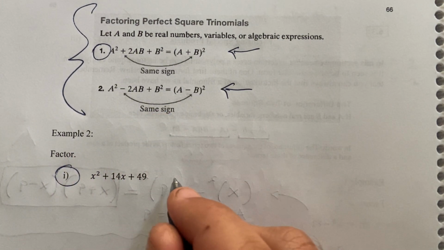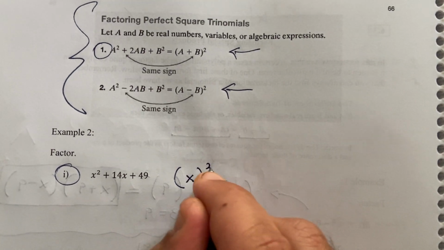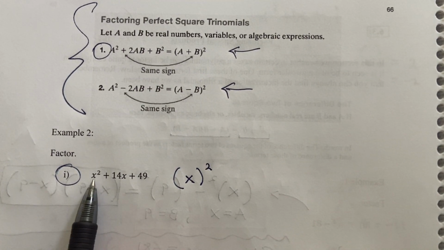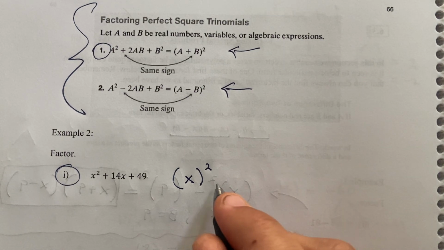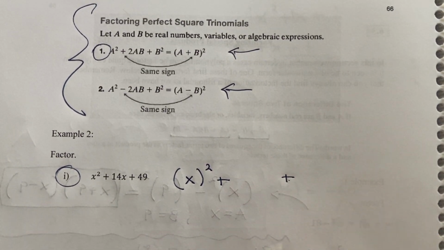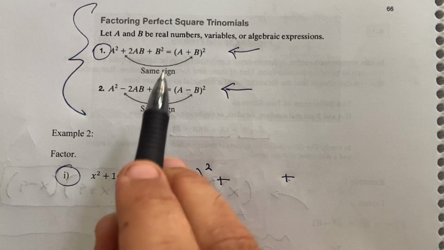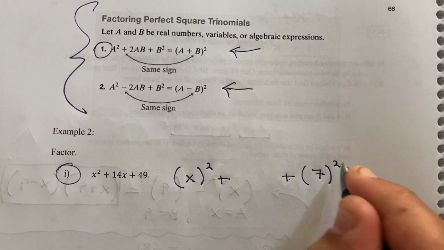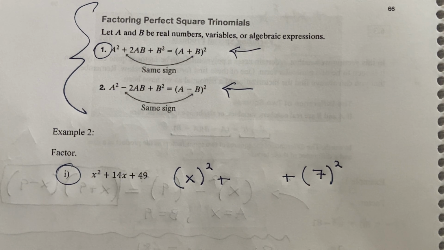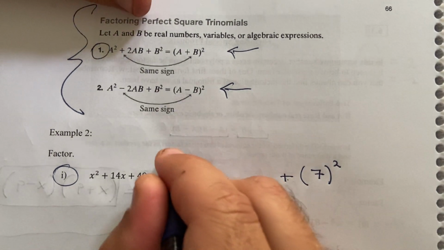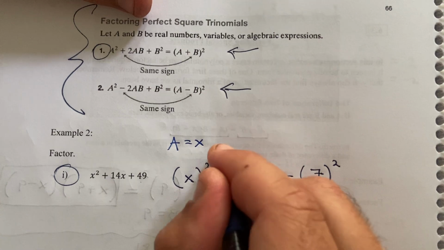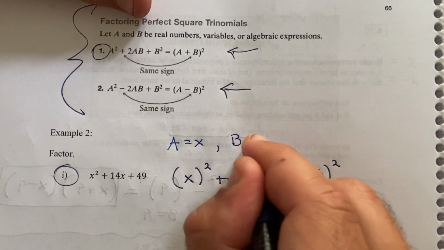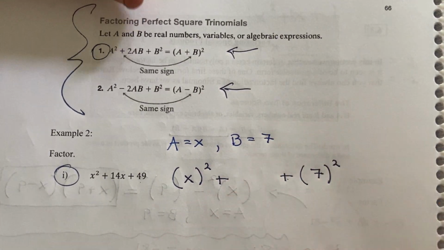Okay? So we have x squared. So A is being played by x. Then let me write over here, we have 49. So the thing that's being squared there would be 7 squared. So what that tells me is that A in this case is x and B in this case is 7.